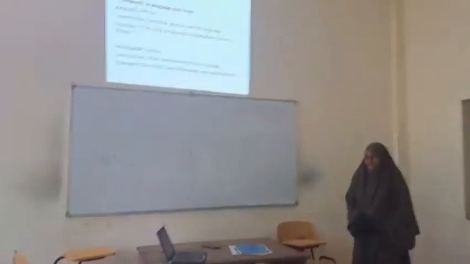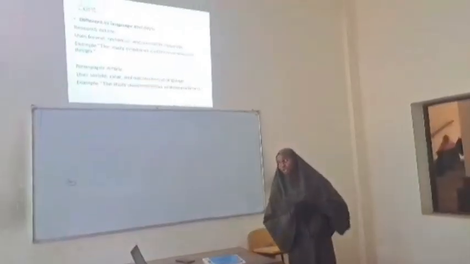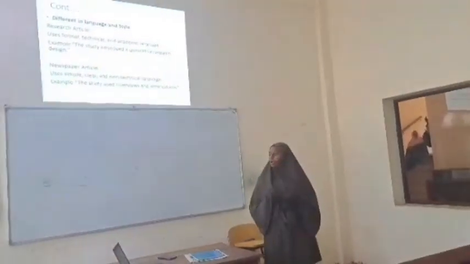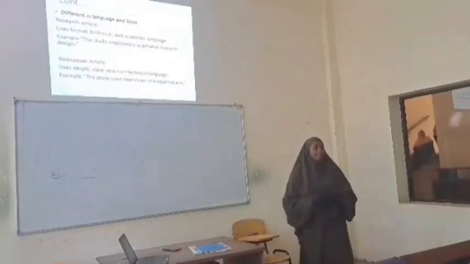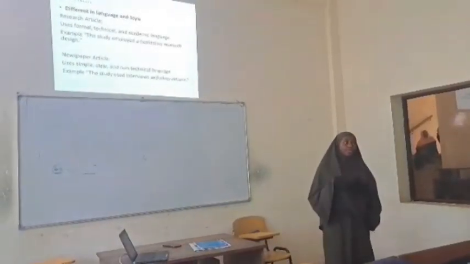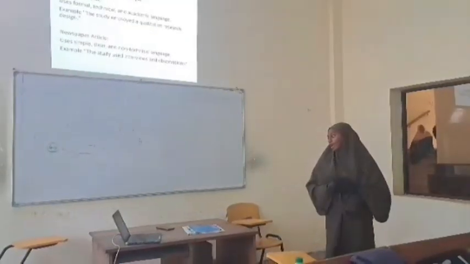Difference in language and style. A research article uses formal, technical, and academic language. As we know, research is done by researchers and students. Okay, my fellow students? Yes. And a newspaper article uses simple, clear, and non-technical language.